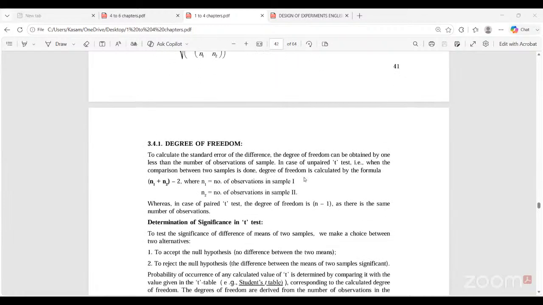So what is degrees of freedom? I will show the degrees of freedom also.